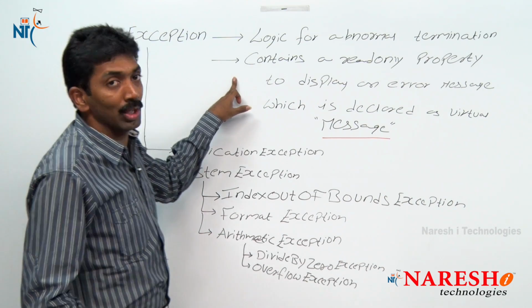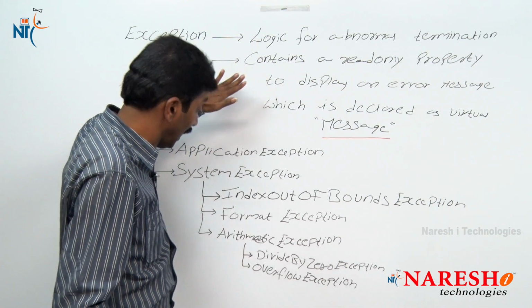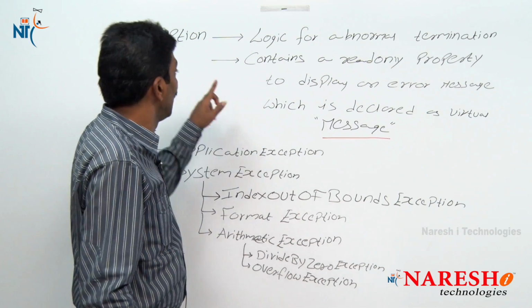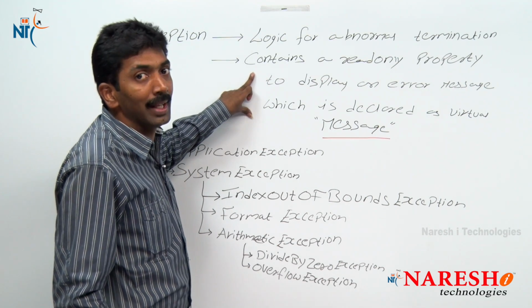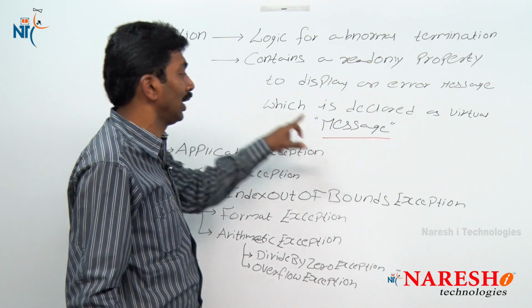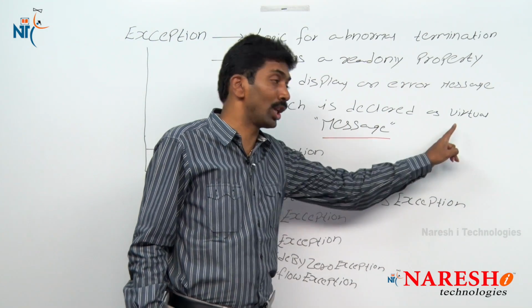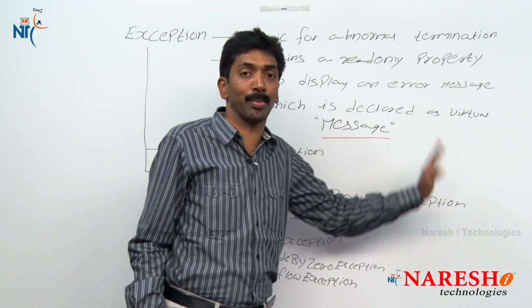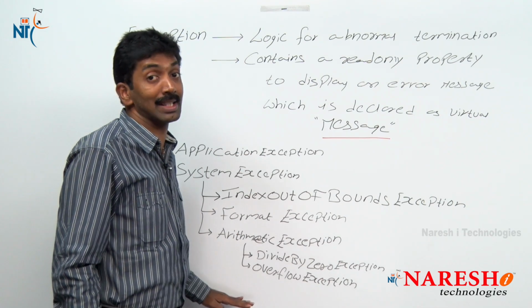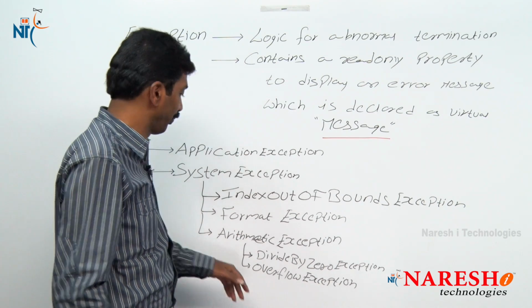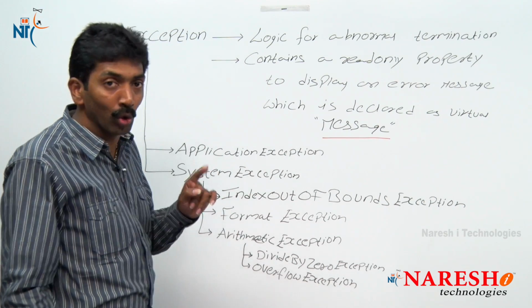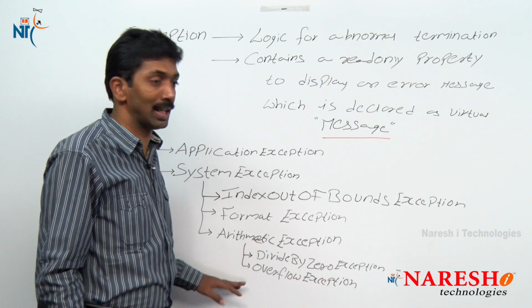In this class, you have the logic for abnormal termination inherited by all the child classes. The second thing is, they contain a read-only property. What is the property? Message. And this is a virtual property. Because it is a virtual property, all the child classes can override it. Remember, this property is overridden in all these child classes.